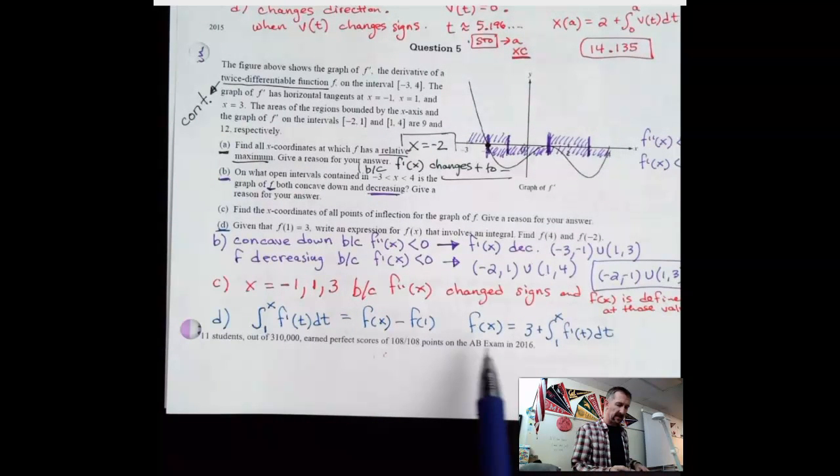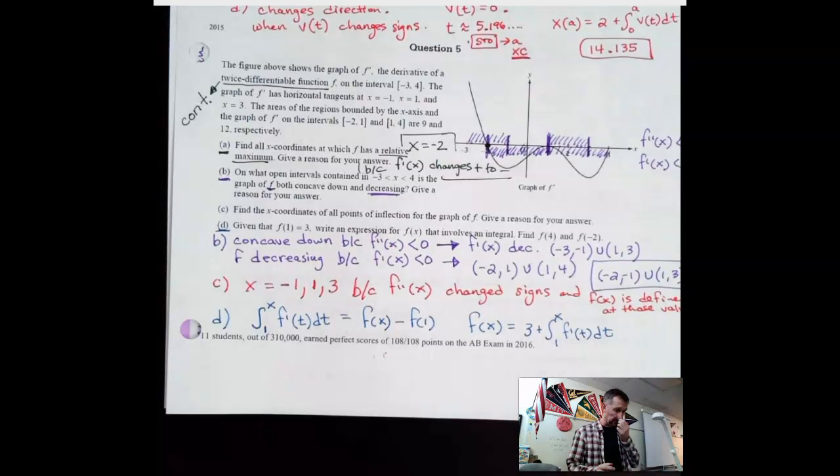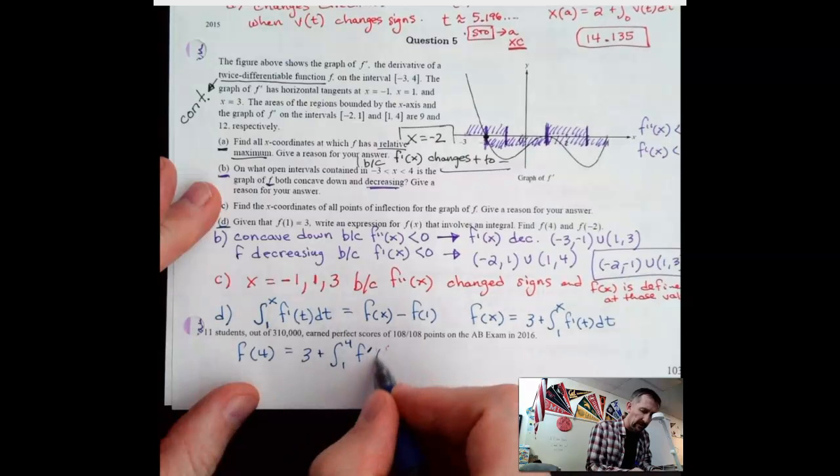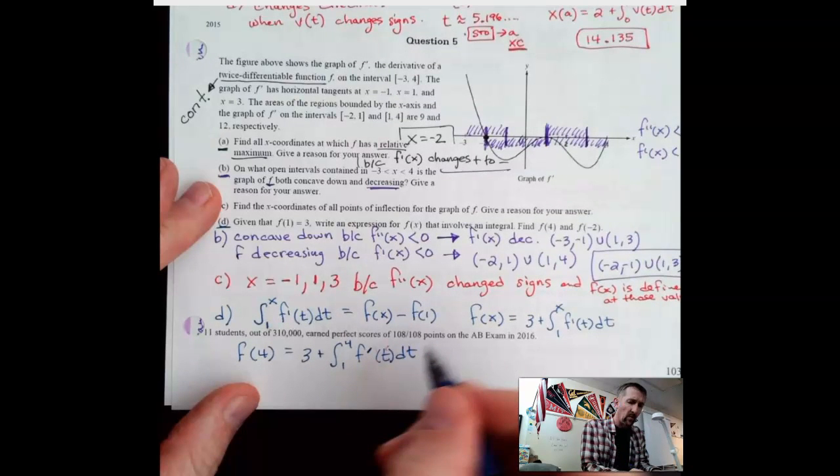Now we need to use that to find f of 4 and f of -2. So if we put a 4 in there, f of 4 is equal to 3 plus the integral from 1 to 4 of f prime of t dt. Well, 1 to 4 is this thing.